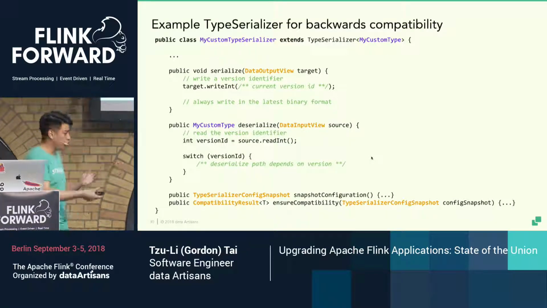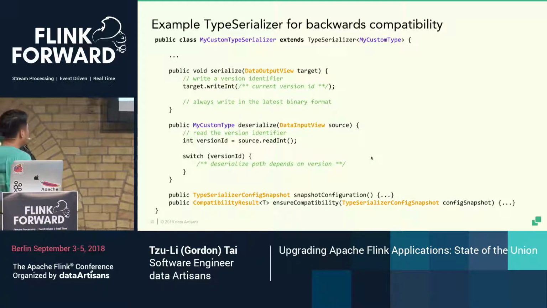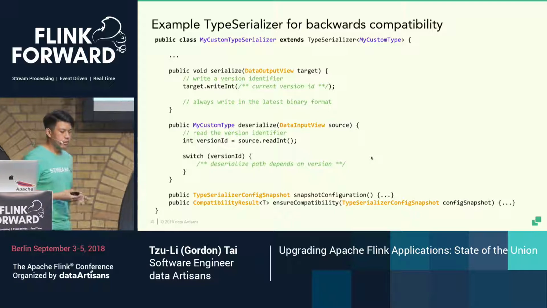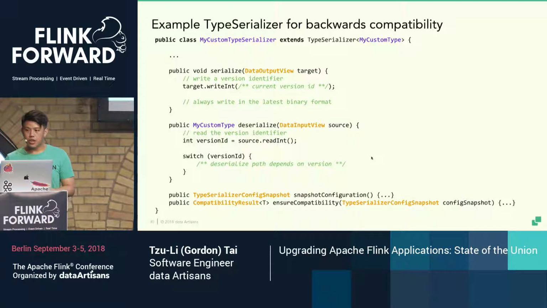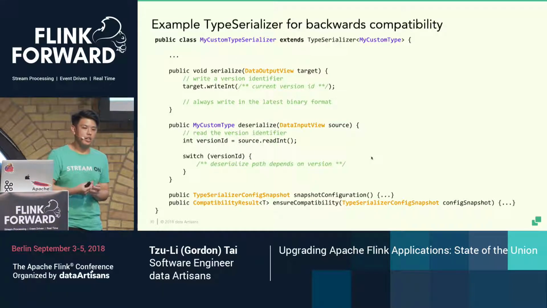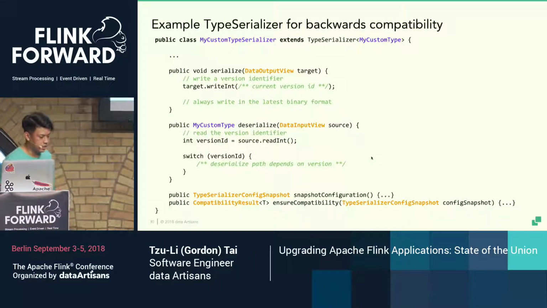So let's say it's version 2 right now, then you might write an int, say version 2. And you always write in the latest binary format. When you deserialize, you would first read the version identifier and then use this version ID to know how to deserialize the remaining payload, the remaining bytes in the save point.